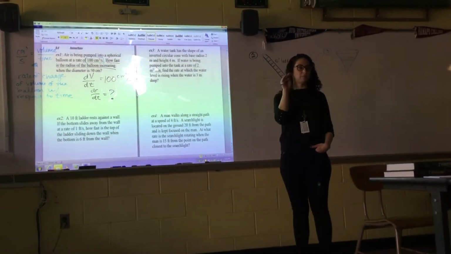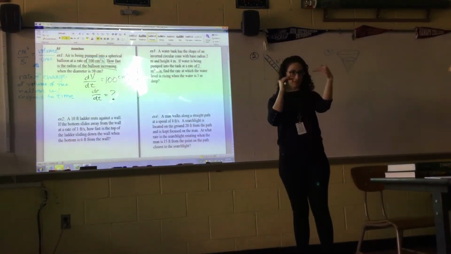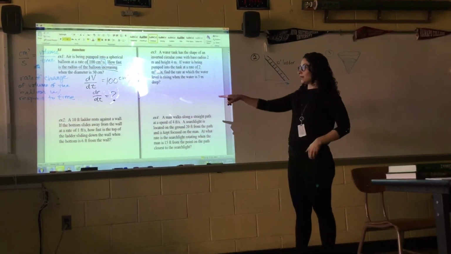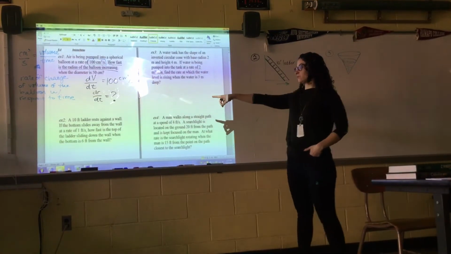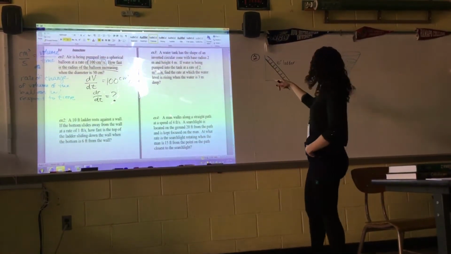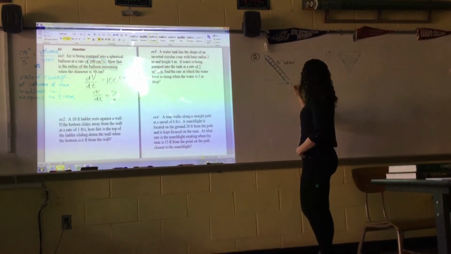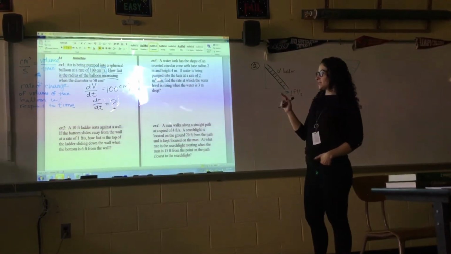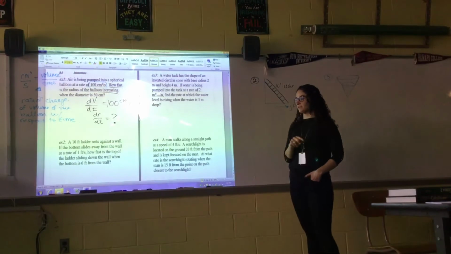I just want to go through the key points on each problem so you guys can see how things are similar, so that maybe it won't be as overwhelming. So for number 2, I've got a 10-foot ladder resting against the wall. The bottom is sliding away from the wall at 1 foot per second. And I want to know how fast the top of the ladder is sliding down the wall when the bottom is 6 feet from the wall.